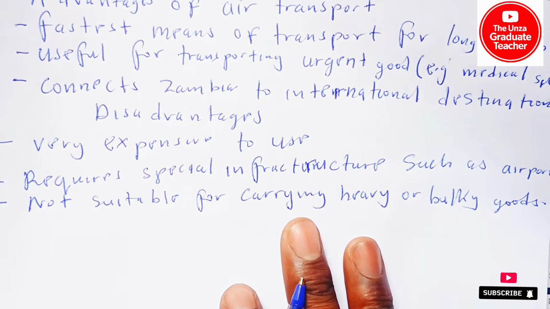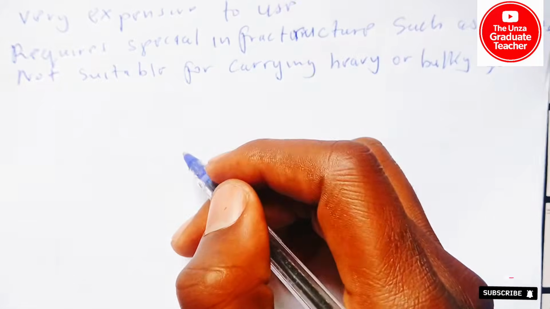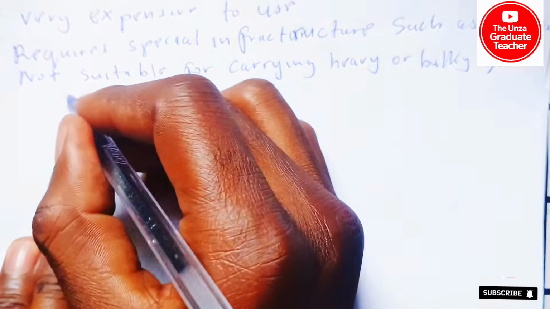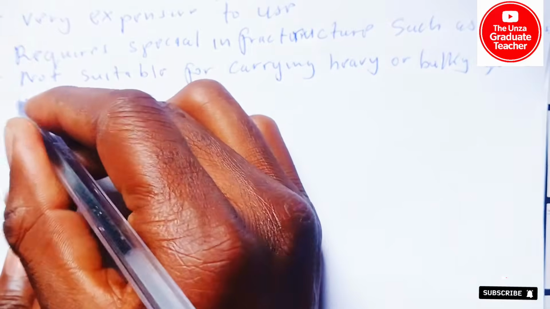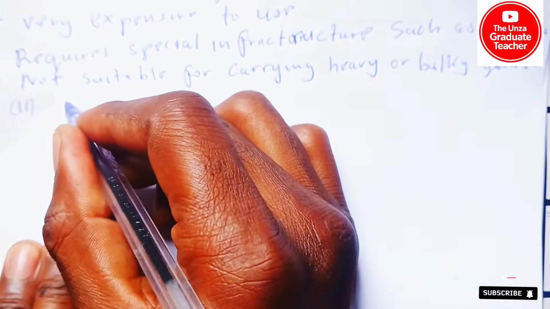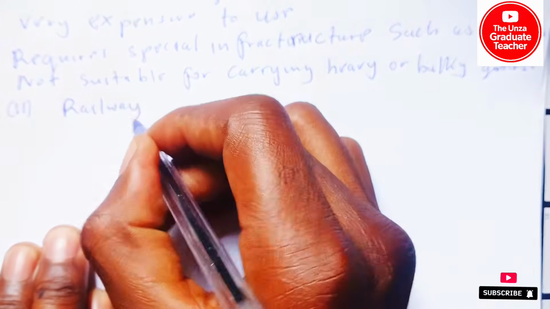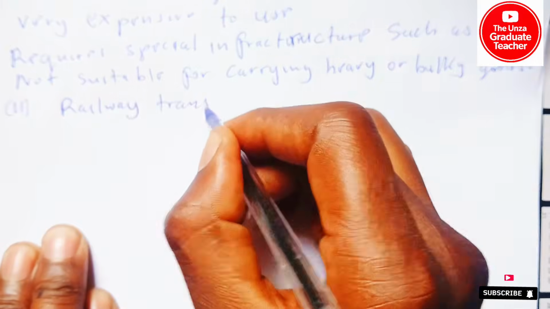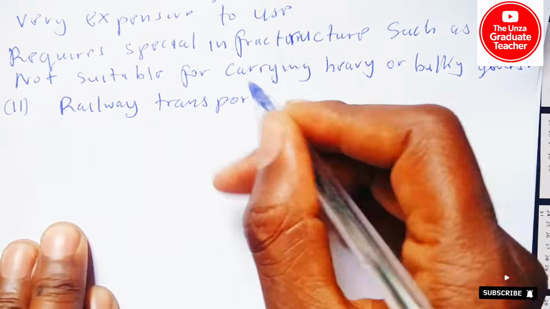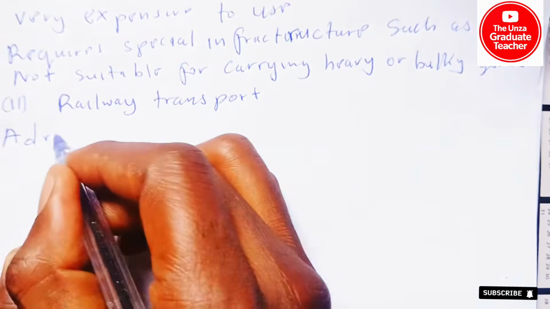So we are going to the other form of transport. We continue on railway transport now, which was number 2. So you say railway transport. You are going to write the advantages.